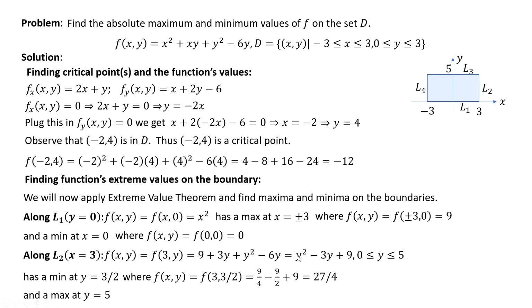At y equals 5. If we plug in y equals 0, we get a 9. And at 5 we have 19, which is bigger than 9. So y equals 5 is certainly bigger. And what else?